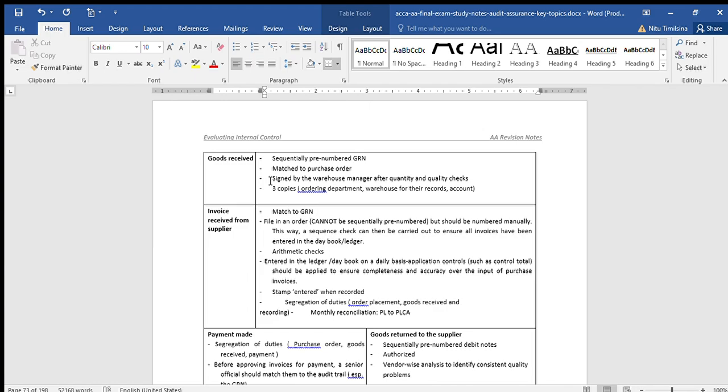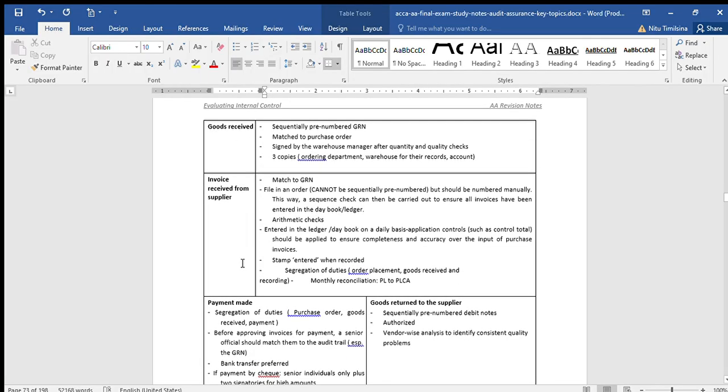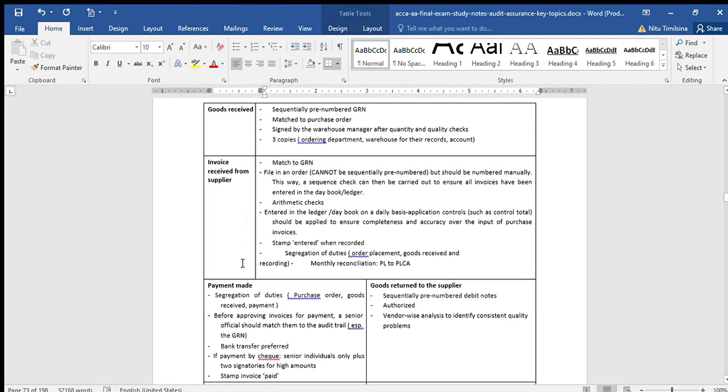And invoice received from suppliers should be matched to good receipt notes. File and order cannot be sequentially pre-numbered but should be numbered manually.